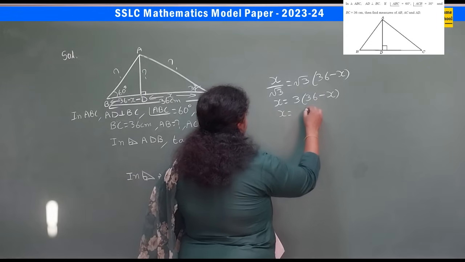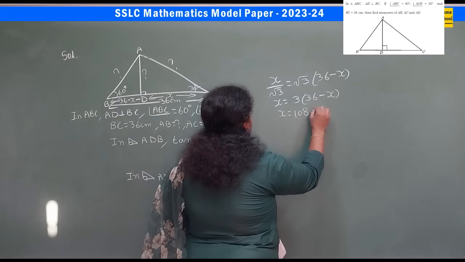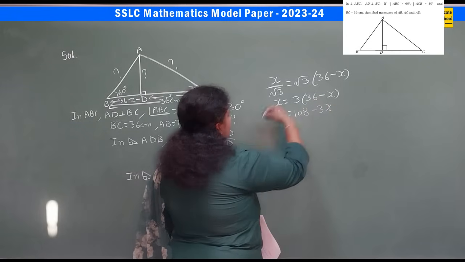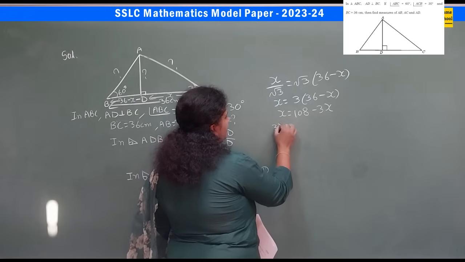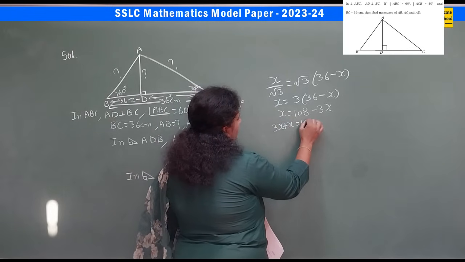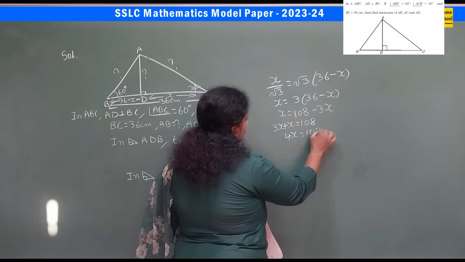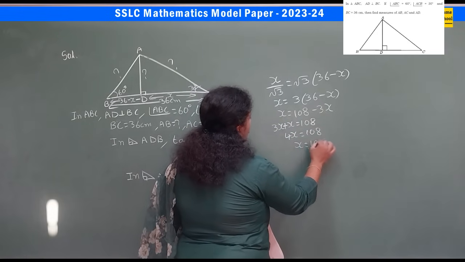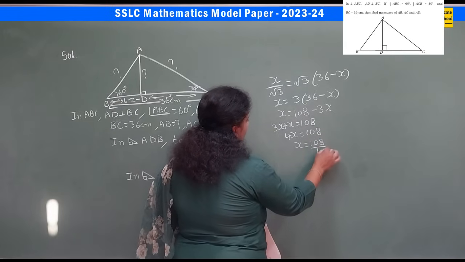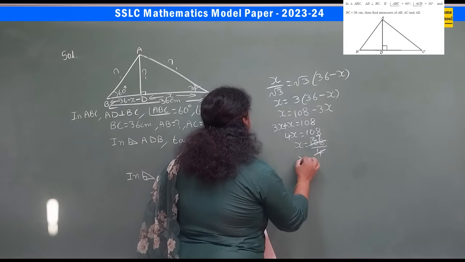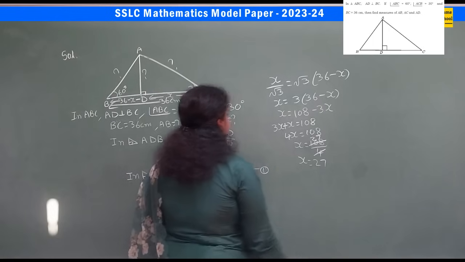X is equal to 108 minus 3X. Bring that minus 3X this side. 3X plus X is equal to 108. 4X is equal to 108. X is equal to 108 by 4. That is X is equal to 27.